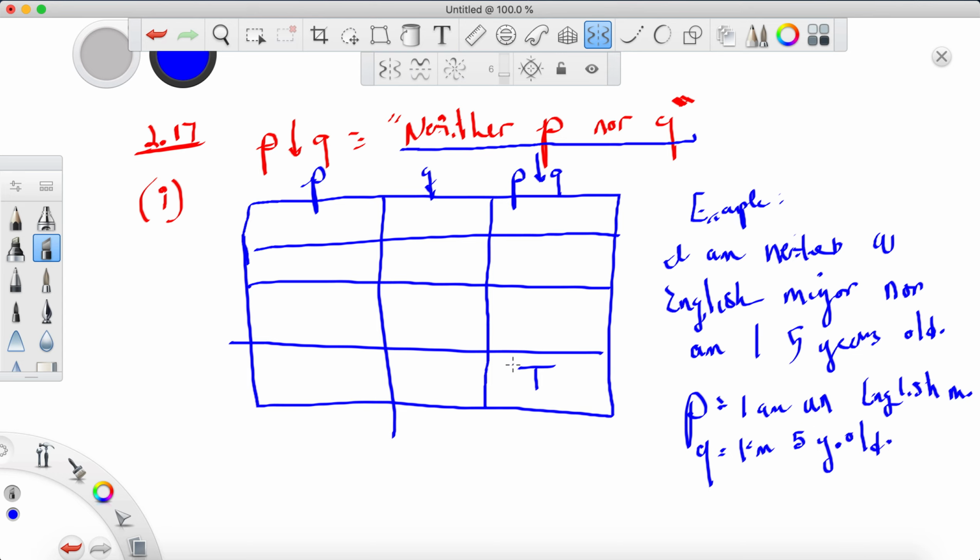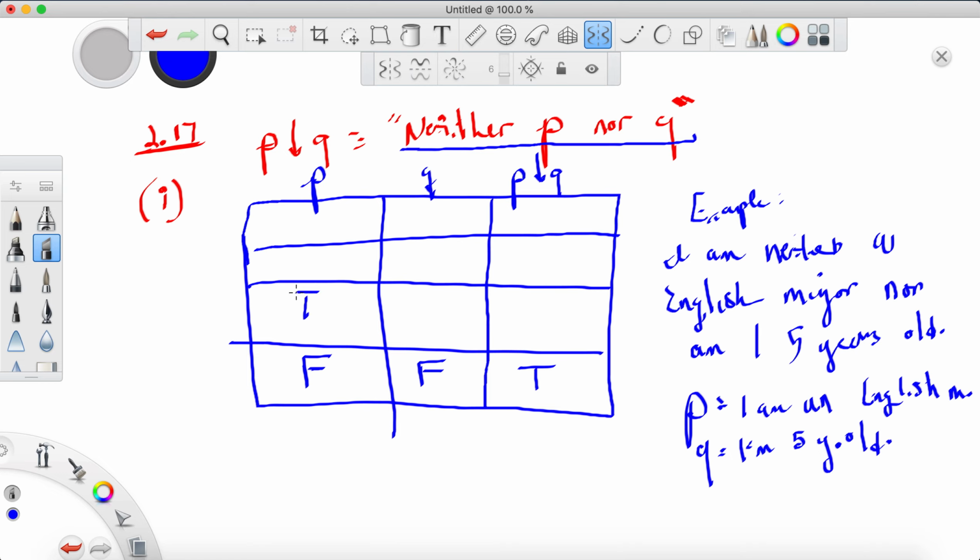Okay, so it is false that I'm an English major, and it is false that I am 5 years old. But the statement taken as a whole, I am neither an English major nor am I 5 years old, that whole statement is true. Now clearly, if I were an English major, then would I be neither an English major nor 5 years old? That'd be false.